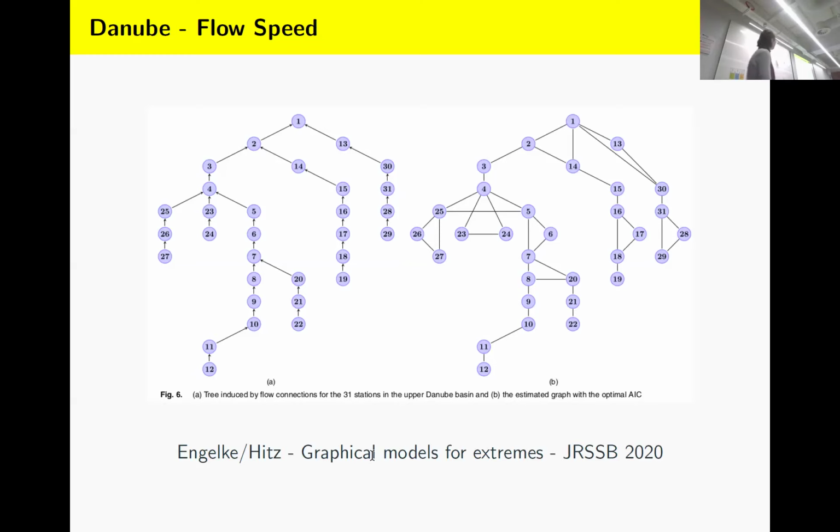This is a decomposition that was in the first paper, the JRSSB paper, and here the statistical inference focused on having block graphs in the end. So this is the structure of the stations that the river gives you, but at the same time, this is the inferred structure, and there are connections between some of the other variables, probably because you have meteorological systems also influencing how much flow speed you have.